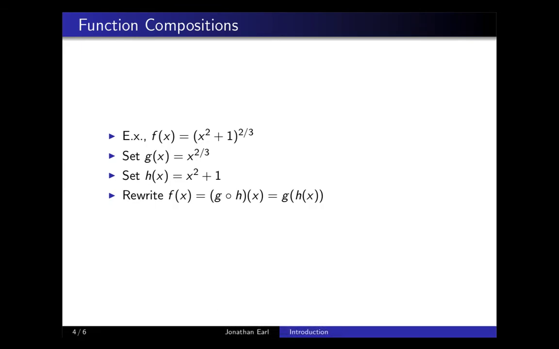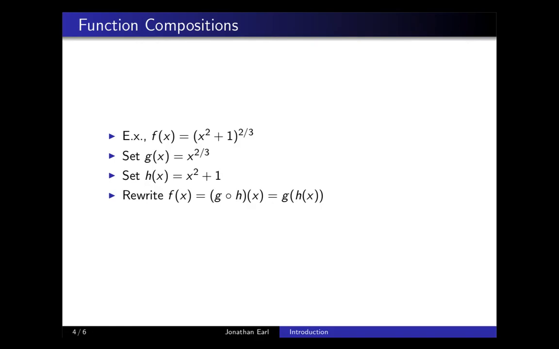There's also the idea of function composition. So this is something else that we'll take advantage of. We'll mention it a little bit when talking about limits, but more after we move on from limits. So suppose we have the function f equal to the quantity x squared plus 1, all raised to the 2/3 power.